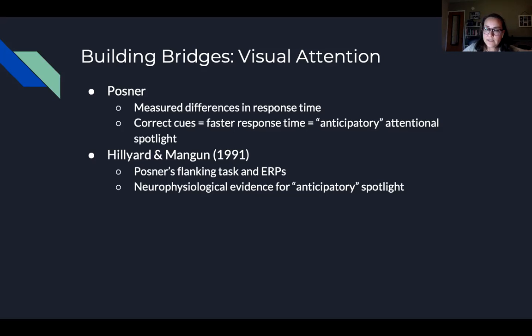So essentially, this is some neurophysiological evidence that certain cues in our environment predispose our visual attentional system. When we are given cues, we are ready for a particular stimulus. And this allows us to focus our attention like a spotlight.